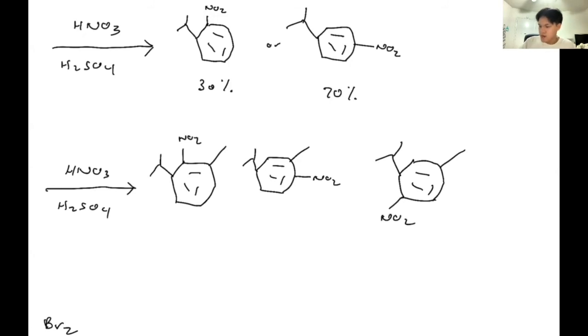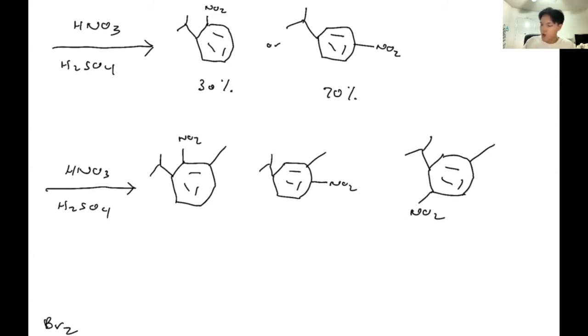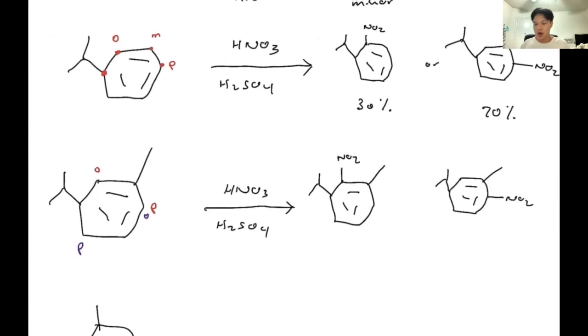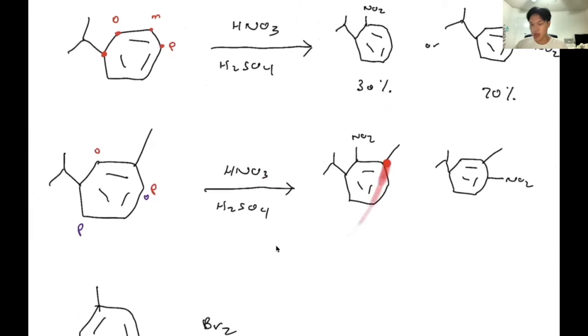So let's think about this in terms of steric hindrance, right? So we figured out it's supposed to add either ortho or para, and then we figured out that there are three ways that this product can be achieved, right?